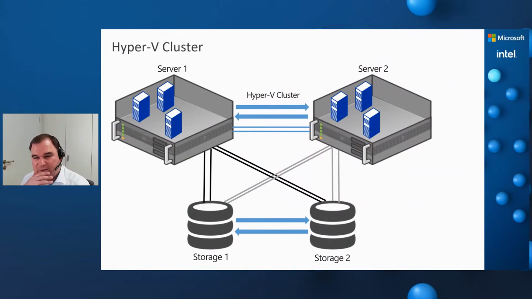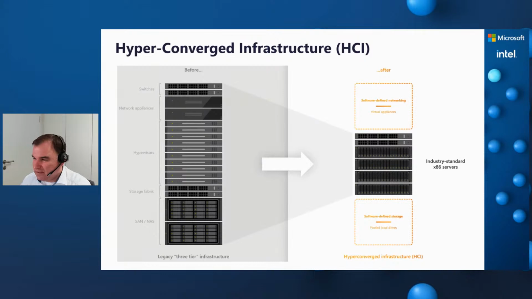Important is to understand that there are different clustering options in Windows Server 2022. Windows Server 2022 still supports the traditional cluster with iSCSI storage or fiber channel storage or direct attached SAS storage. But Windows Server 2022 also supports the HCI option as a cluster where we use Storage Spaces Direct to build a hyper-converged infrastructure.